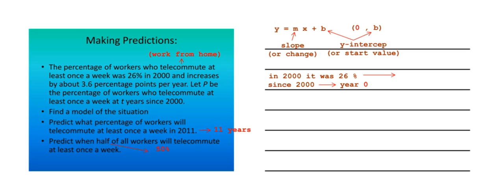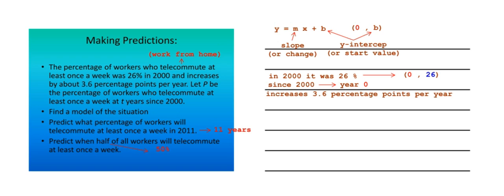Okay, and also let's notice that in 2000, which is year zero, there were 26%. So we actually know the coordinates of the y-intercept. The starting year is year zero, so therefore it's 0, and the amount at that year, 26%. Okay, let's note the 26 on there. It's the b value of our y equals mx plus b equation at the top.